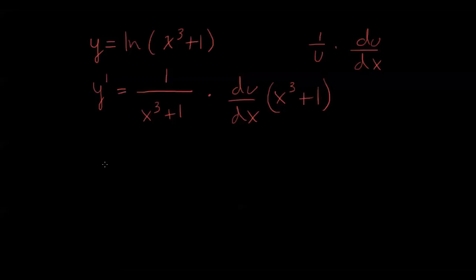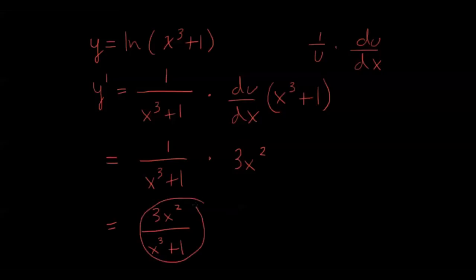We know that is the same thing as 1 over x cubed plus 1 times 3x squared, and that is just equal to 3x squared over x cubed plus 1. So that is our final answer.